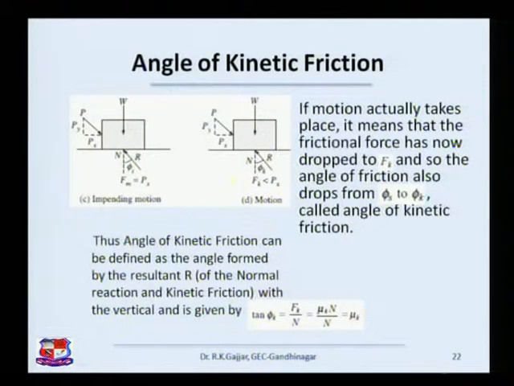In a very similar way, there is the coefficient of kinetic friction. Motion has begun. When motion begins, what comes into the picture is the coefficient of kinetic friction. That gives you the angle of kinetic friction.